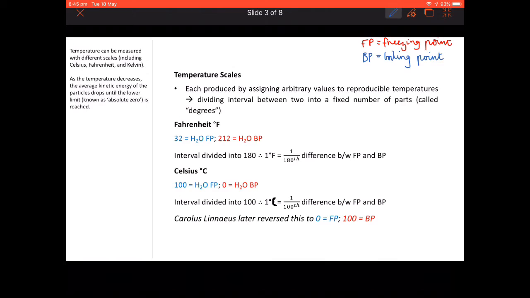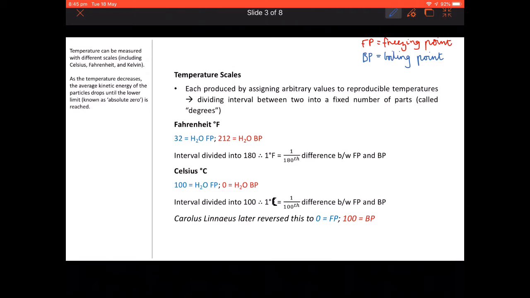So this interval was divided into 180, which makes sense because the difference between the two is 180. That therefore means that 1 degree Fahrenheit is equal to 1/180th of the difference between water's freezing point and its boiling point. To me, that just seems a bit random. Like, why would you have those numbers as your freezing and boiling points? But each to their own.